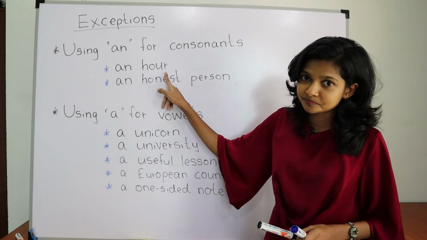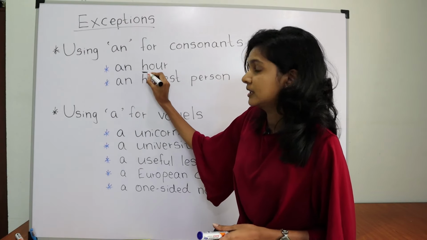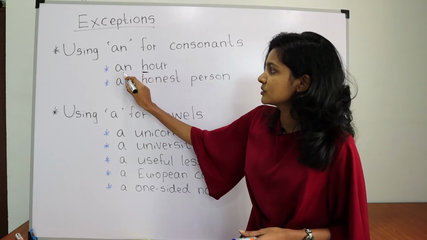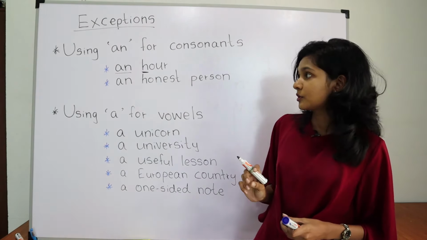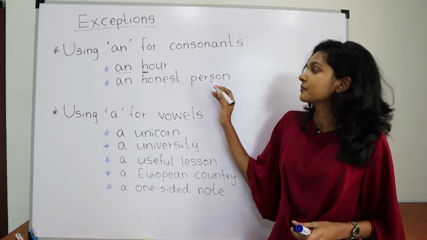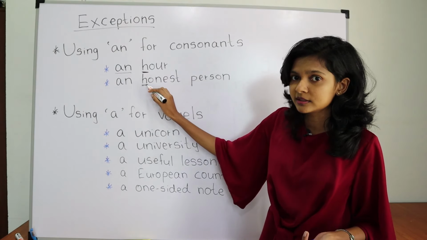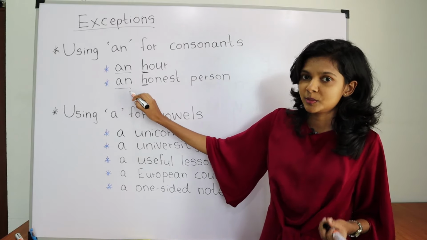An hour. Here you will see the word starts with H, that is a consonant, but still we have to say an hour. Don't say a hour, that's wrong. Here also an honest person. This word starts with H, that's a consonant, that's true, but still you have to say an honest person.